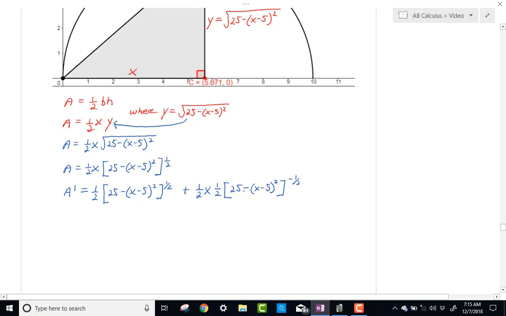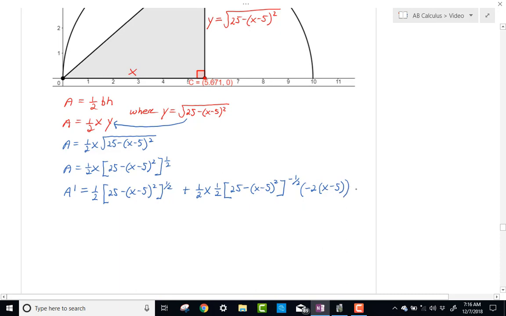Now if you look at the inside material, I'm looking at 25 minus x minus 5 squared. So the derivative of 25 is 0, but then I'm going to drop the 2 down in front, and that's going to be negative 2 times x minus 5, and then I'm going to subtract 1 from the exponent there, so that's just going to leave me negative 2 times x minus 5 on the inside of that.